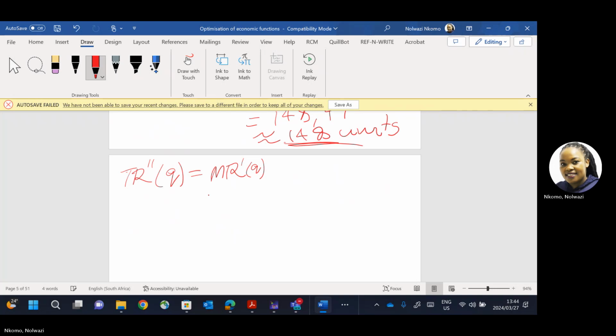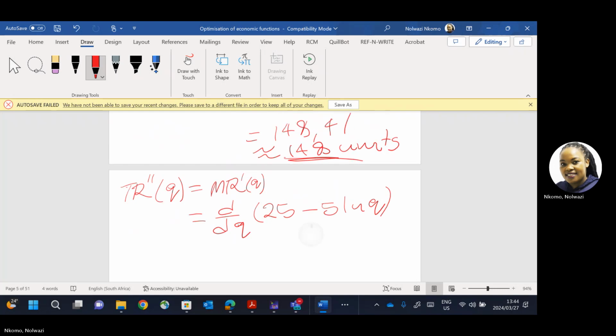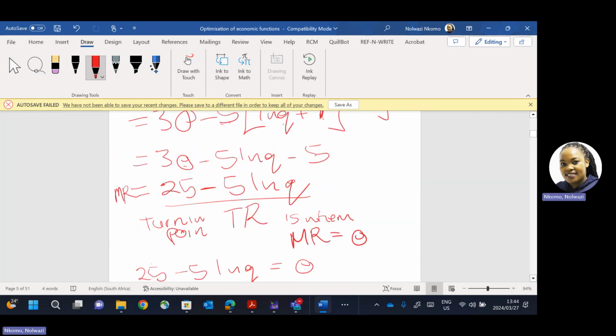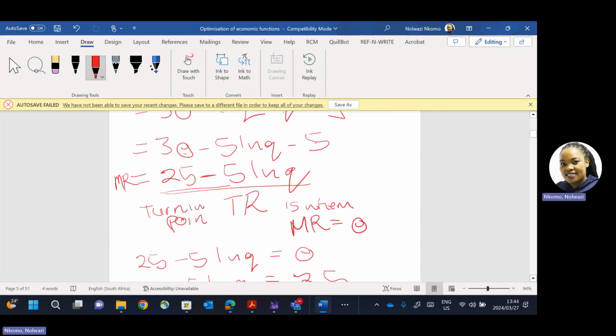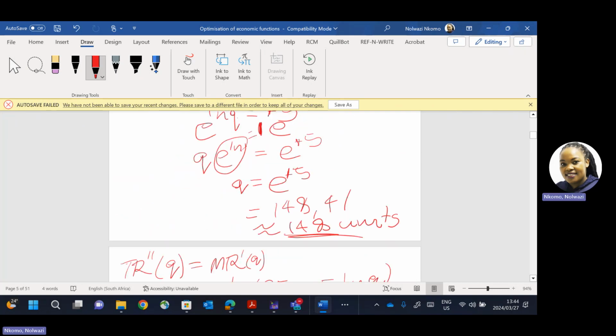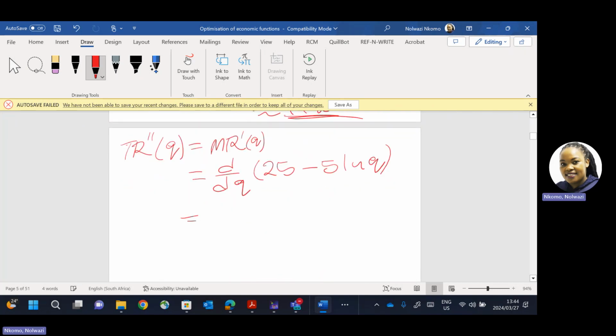And the marginal revenue is 25 minus 5 ln Q. Here is the marginal revenue. And if we differentiate this, you'll have d over dQ of 25 minus 5 d over dQ of ln Q, right?